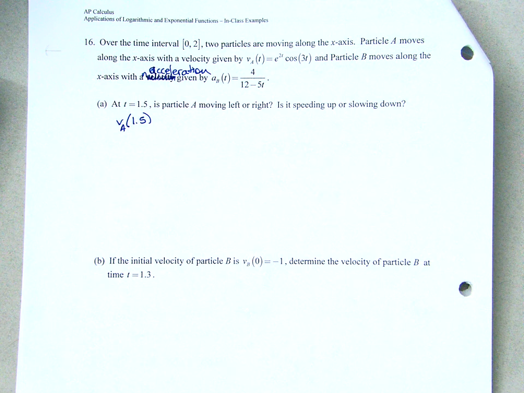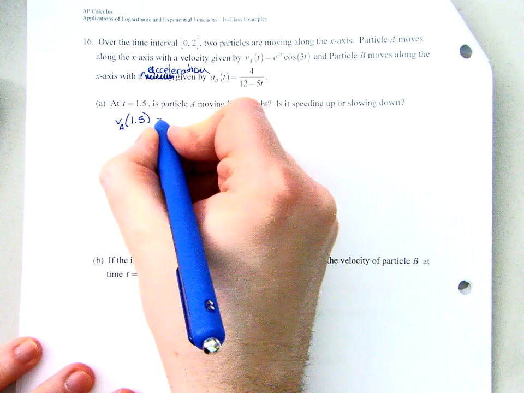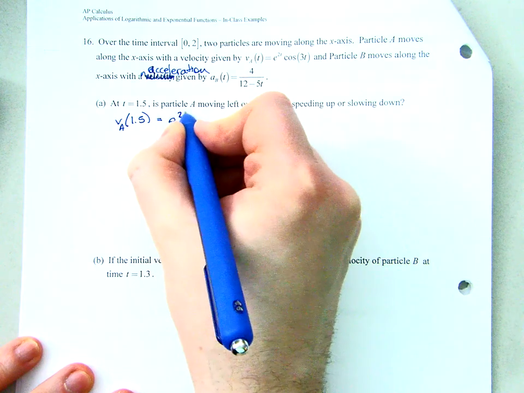This would be a calculator question. Yes, so please go plug in. Again, make sure you're in radian mode. And then we'll deal with the second half of this problem.